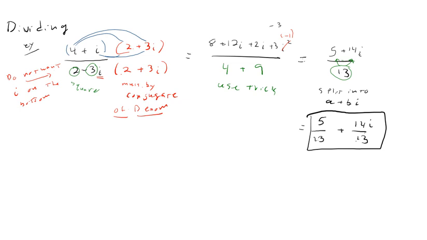So now the real part of the answer is 5 over 13, and the imaginary part of the answer is 14 over 13. We can split it into pieces now, and you need to take this last step before you get to your final form. This is the final form that we're looking for.